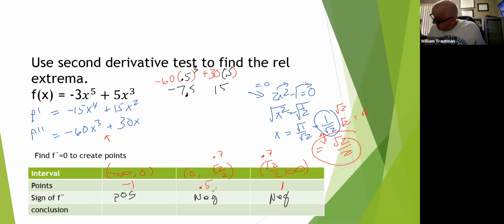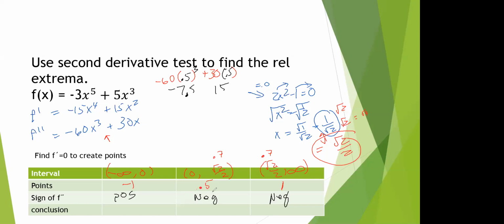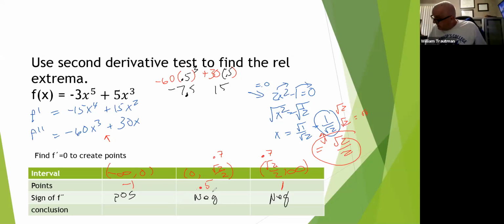Where is this at? That's not a positive. Negative 7.5 plus 15. Give me a second. I think I did something wrong here.